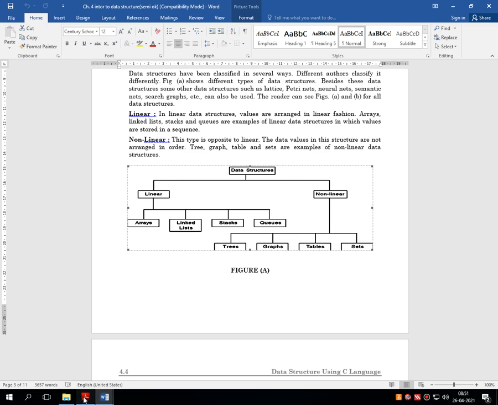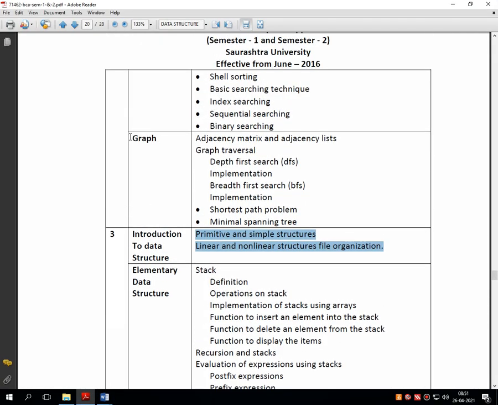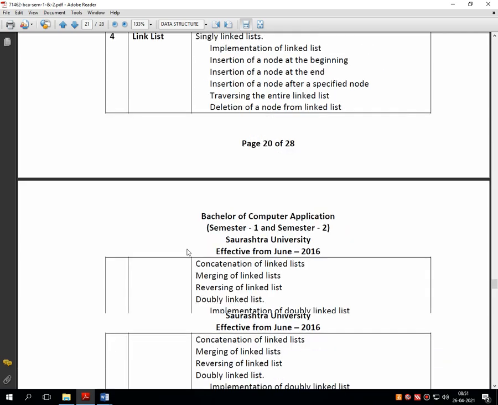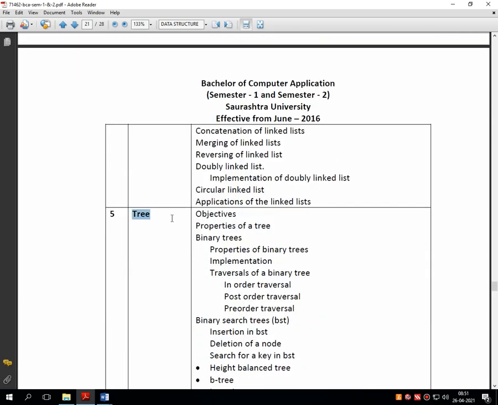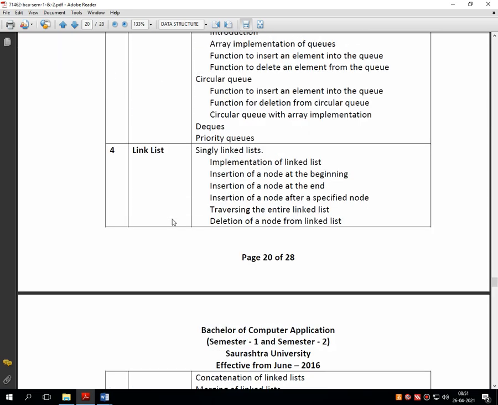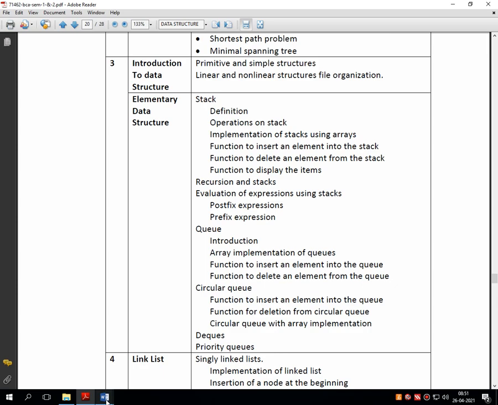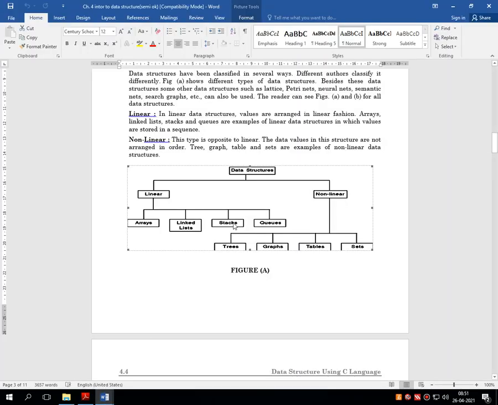Now let's go back to the syllabus. See why I have skipped graph: because it generally comes under non-linear data structure, it is better to discuss with tree. So let's first discuss the linear type of data structure and then go ahead with non-linear data structure.